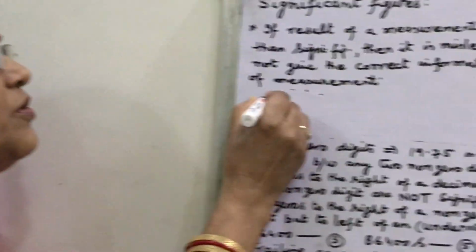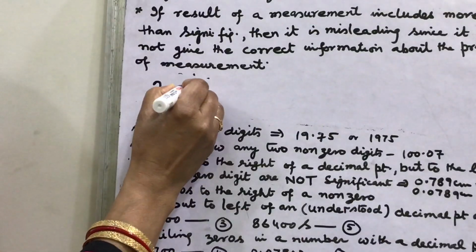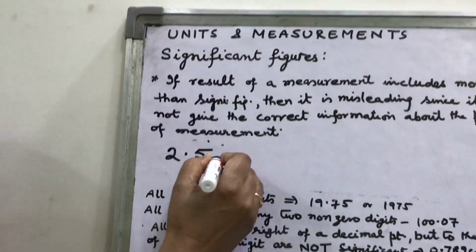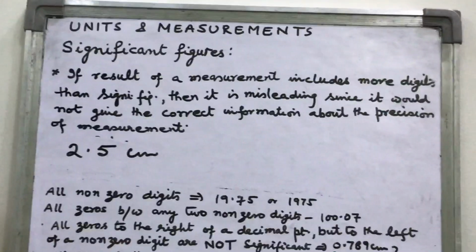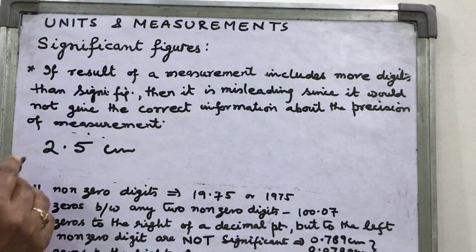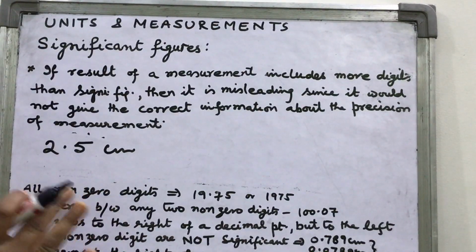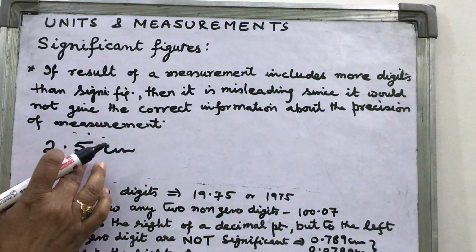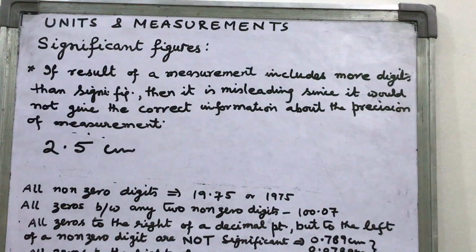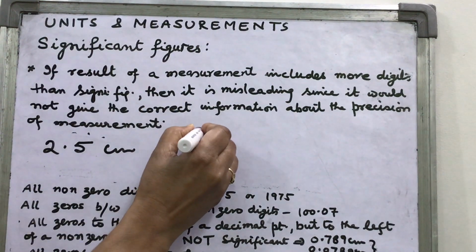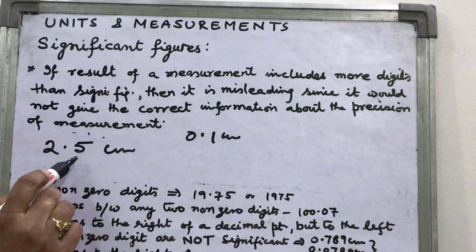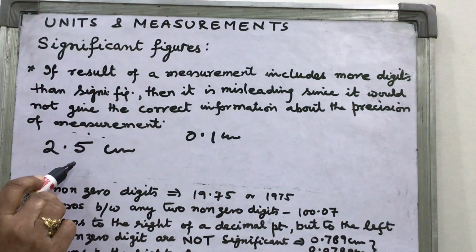In the scale you can measure up to 1 place of decimal, and if you have measured a length 2.5 centimeter, then 2 centimeter is really reliable. The length will be 2 centimeter plus 0.5 centimeter. So what is the least count of the scale? 0.1 centimeter. So it may be 2.4 or it may be 2.6.